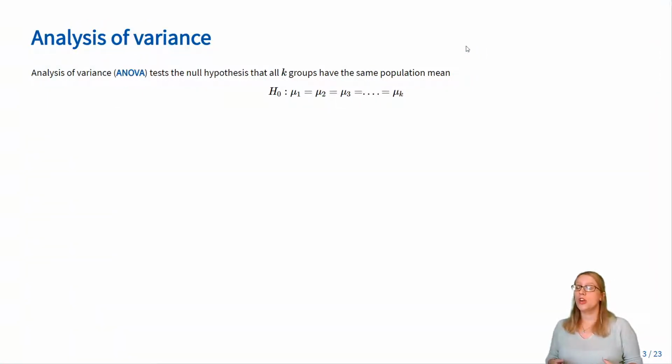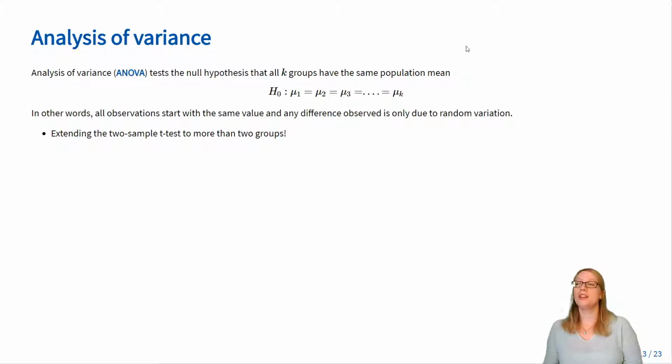Analysis of variance, or ANOVA, starts with a central null hypothesis. We are trying to test whether or not K groups in our sample have the same population mean. For example, if we take 3 different treatment groups for a drug that's supposed to lower cholesterol, do they all have the same mean cholesterol at the end of the experiment?